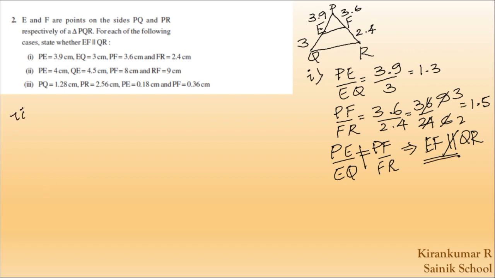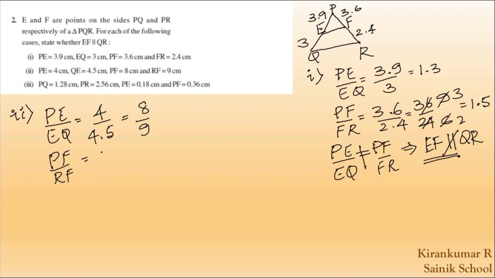Let's do the second one. If I consider PE upon EQ, this will be 4 upon 4.5. If I multiply by 2, it becomes 8 by 9. And PF upon RF is 8 by 9.